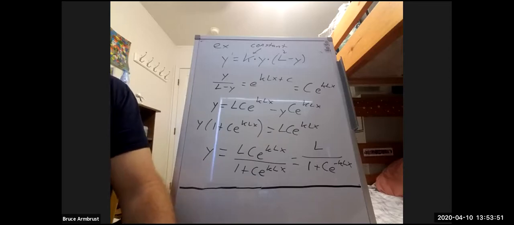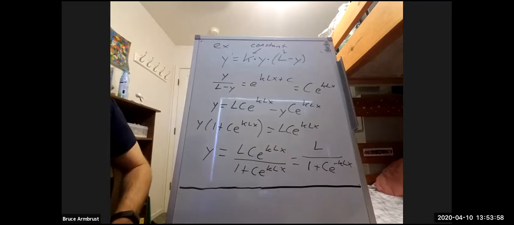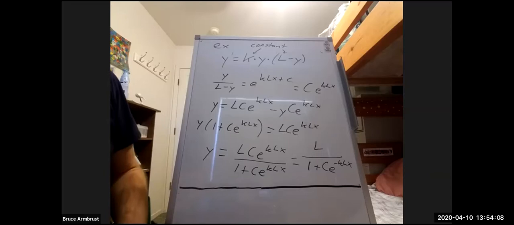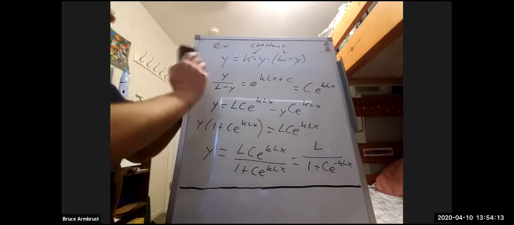Because there are other solutions. So you remember what I told you we need to look out for? We want to look for other functions that are probably constant functions, identically some number, that could potentially be solutions. So go back and look at the original differential equation.